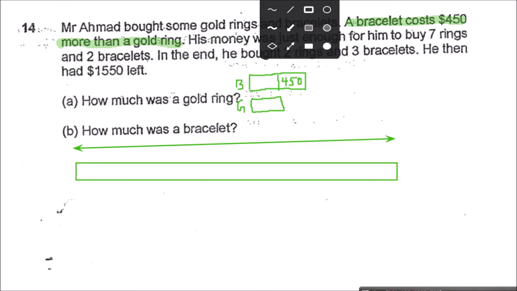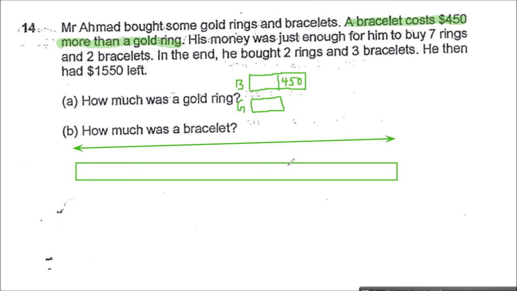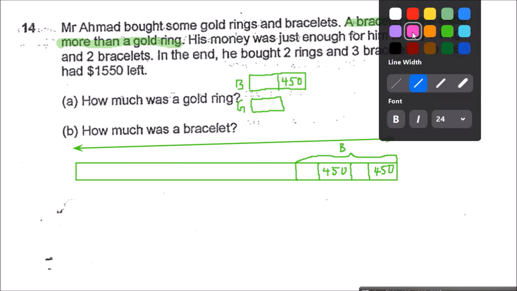Okay, so how do we show 7 rings here? Then we have to start cutting. Okay, so 2 bracelet, it will be something like this. 2 bracelet, so there will be 1 unit and 450, and also 1 unit and 450. Okay, so this will be the 2 bracelet, and he is able to buy 7 rings, right? Okay, so this will be the 7 rings. So maybe I use another color.